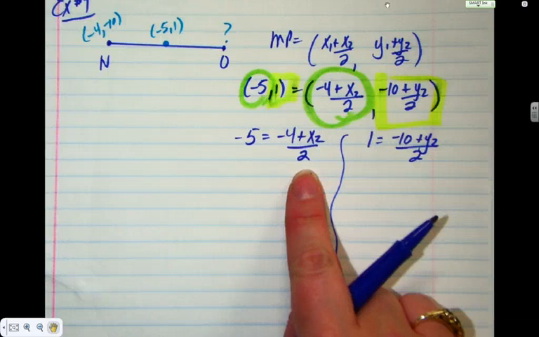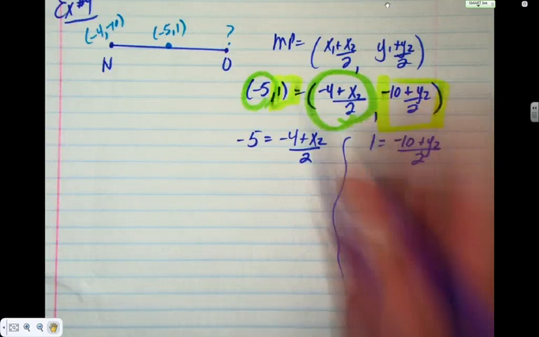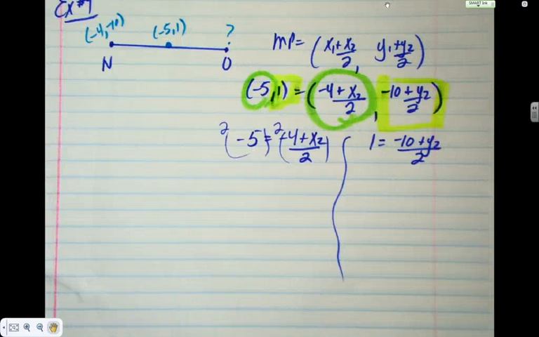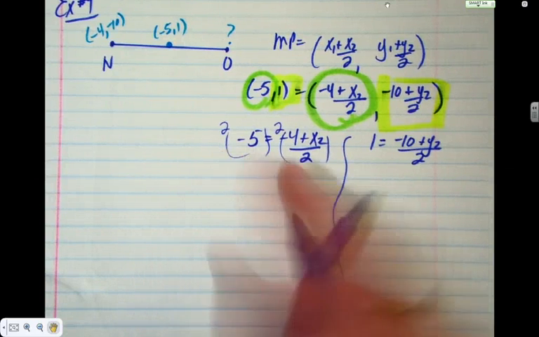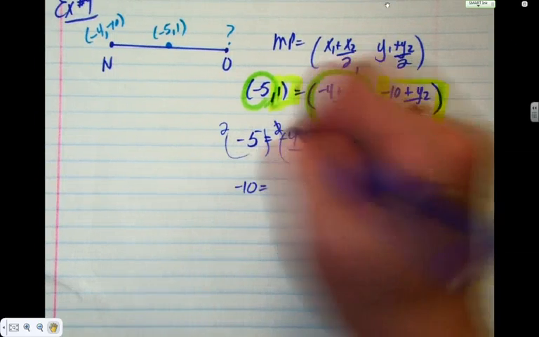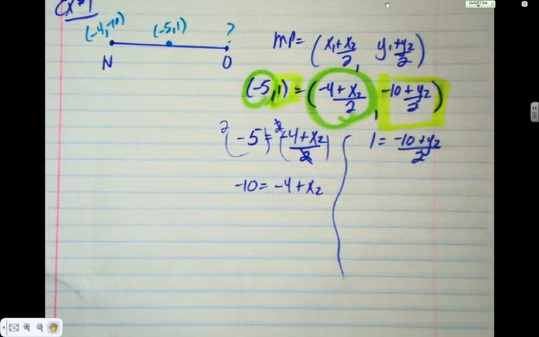These now just become little tiny linear equations. We want to isolate the variable. What's the opposite of dividing something by 2? Timesing by 2. So on the left-hand side, I get 2 times -5, which is -10. On the right-hand side, the 2's cancel, so I'm left with -4 plus x2.